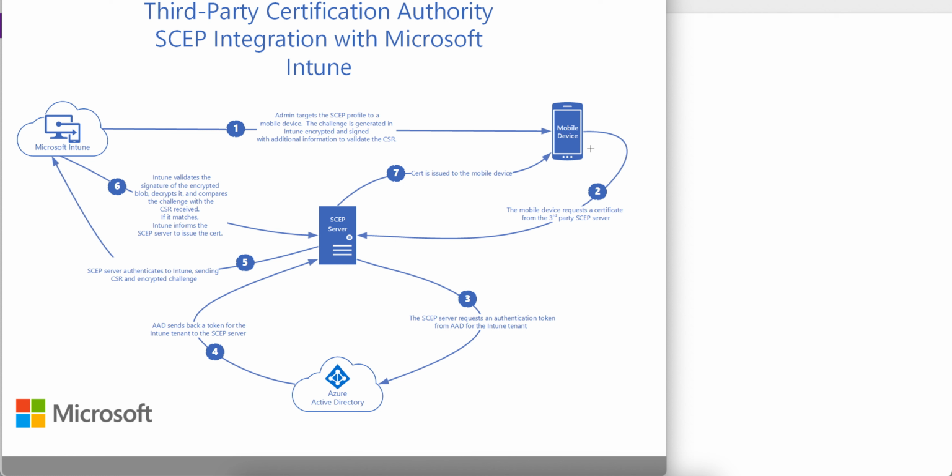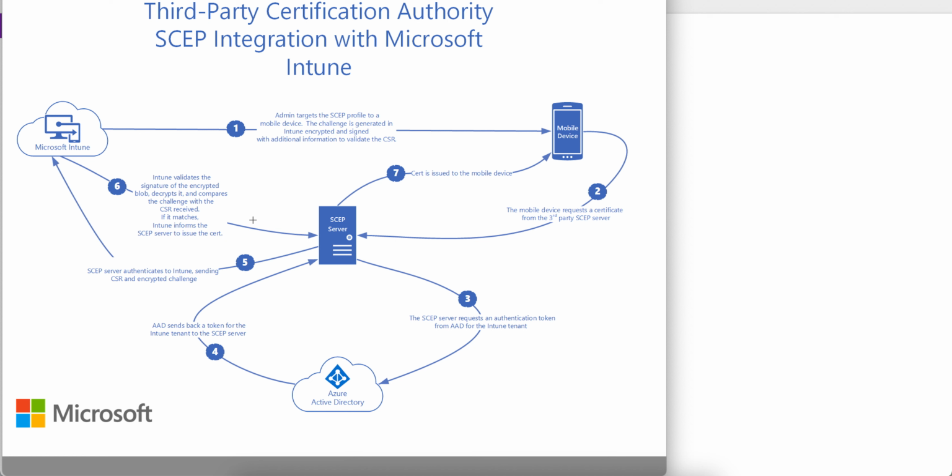If the challenge is successful, the SCEP server issues the certificate. Intune validates the signature, decrypts the payload, and compares the CSR to the integrity check information. That's why you have to register your application in Azure AD, so that Intune can validate the challenge, whether the request is valid or not.